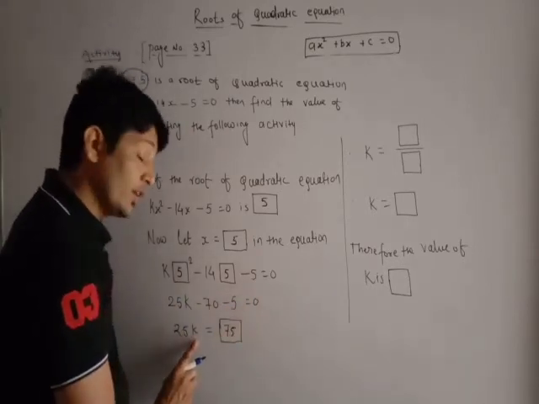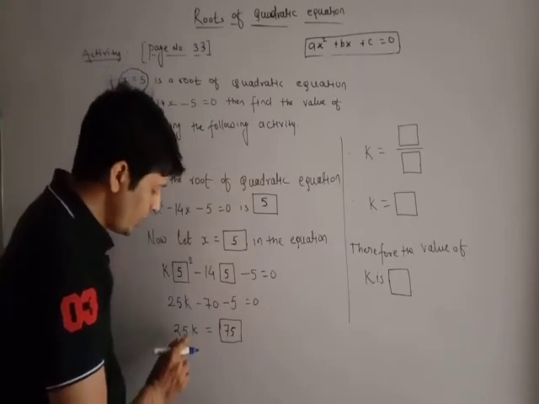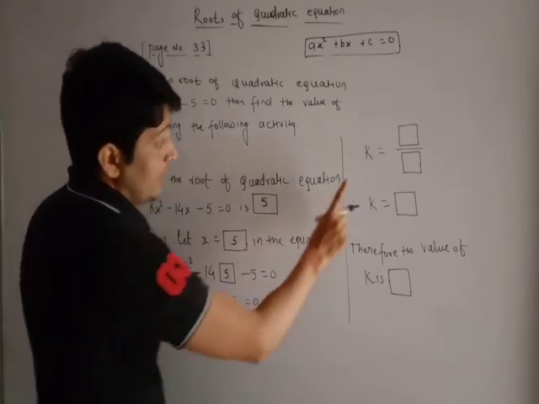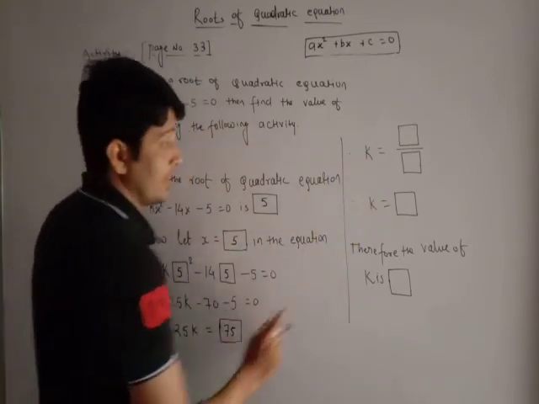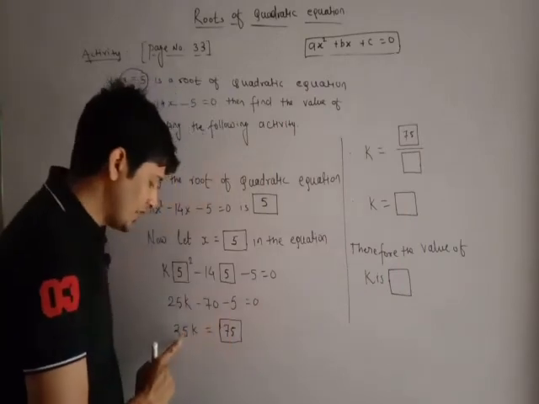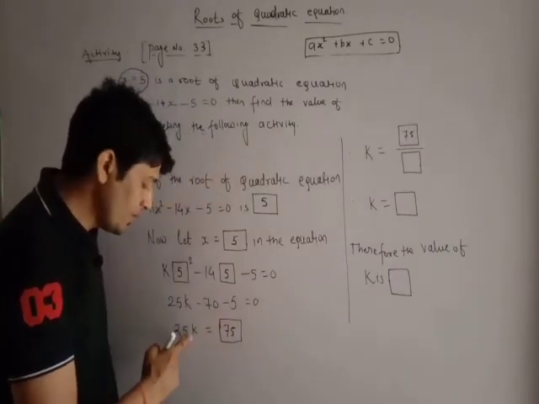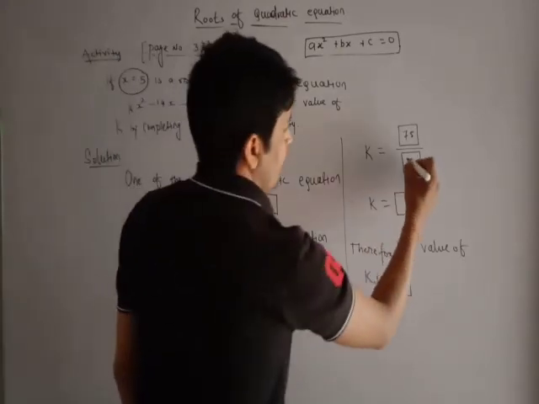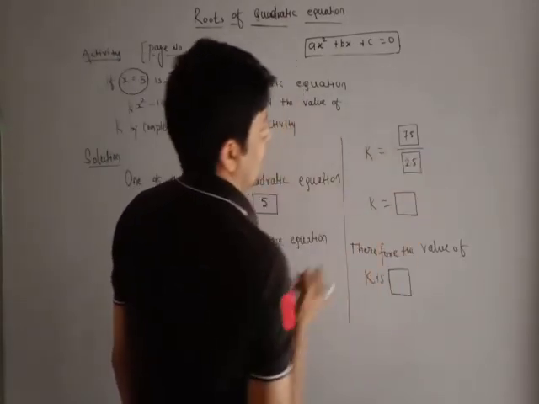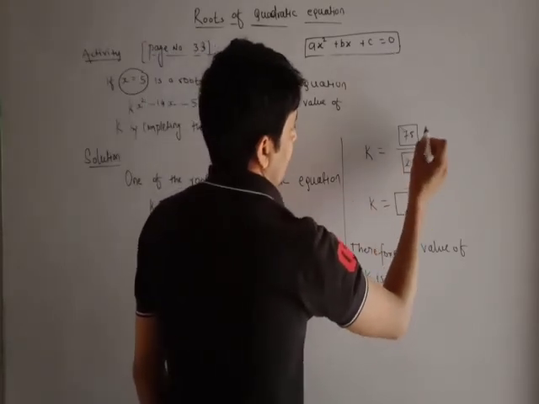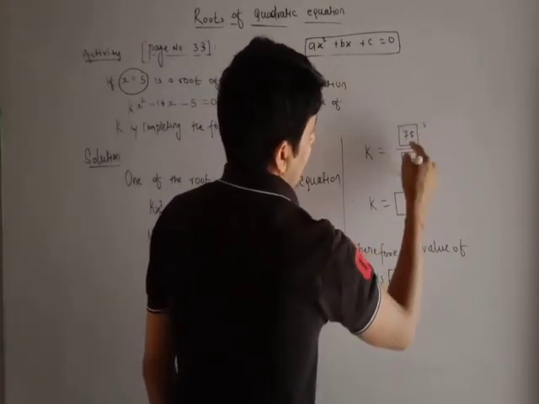In order to calculate the value of k, we need to transfer 25 to the other side. So k equals to 75 by 25. Since 25 is in multiplication with k, it will go to the division form. And we know 25 ones are 25 and 25 threes are 75.